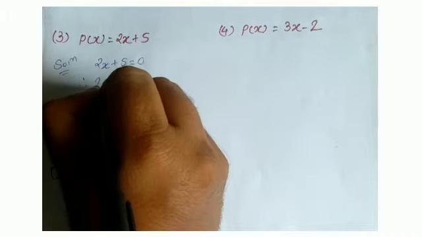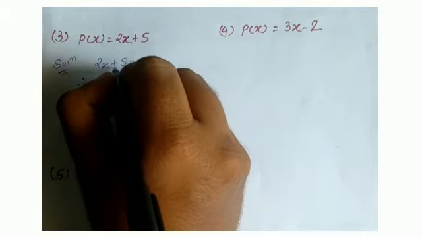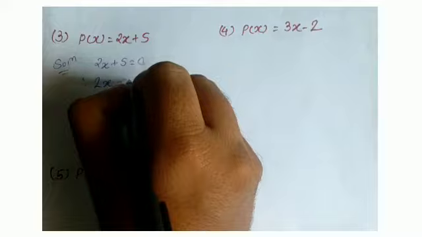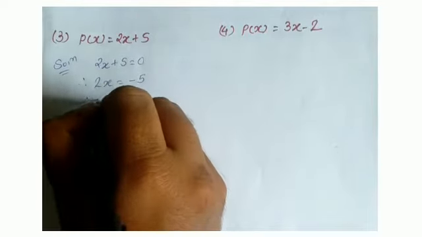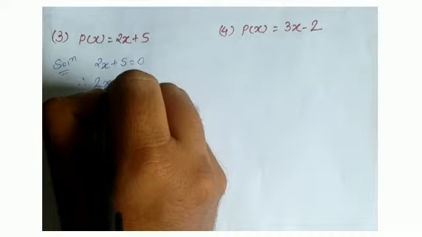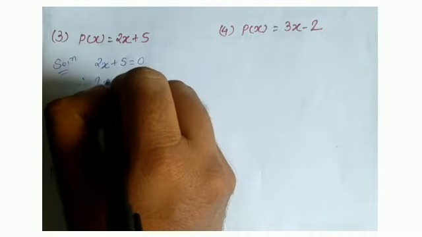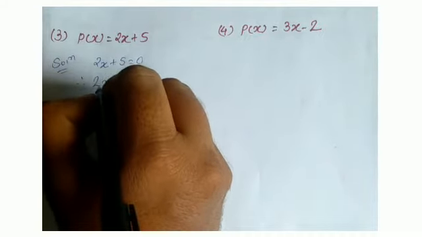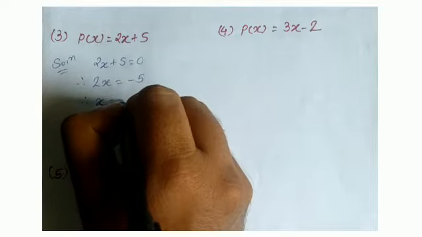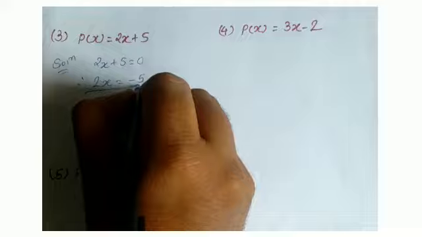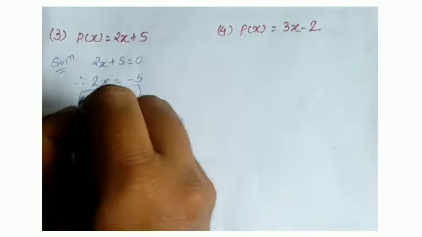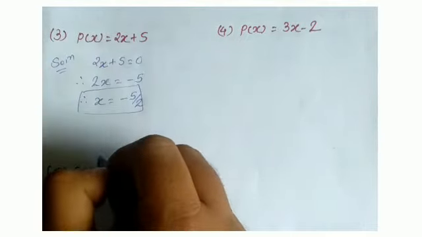Therefore you can write 2x is equal to, this one is plus 5, so we can write minus 5. So 2 and x are in a relationship of multiplication. So we can write down minus 5 by 2.